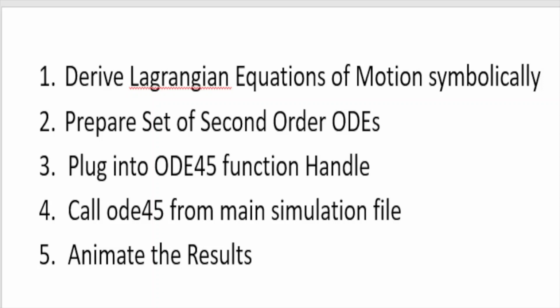So we'll need to do some matrix math to get theta 1 double dot and theta 2 double dot both on the left-hand sides of the equations. Then we'll plug that into our ODE45 function handle, use Matlab's ODE45 function from a main simulation file, and animate and visualize the results.